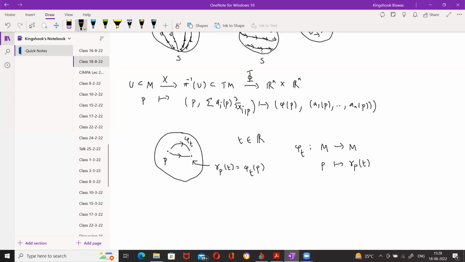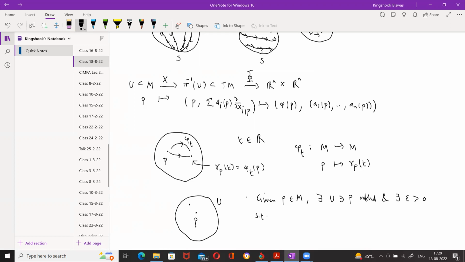But what will happen in general is, given any point P, there exists a neighborhood of P and there exists epsilon positive such that for all points in this neighborhood, the integral curves are defined for time at least epsilon.